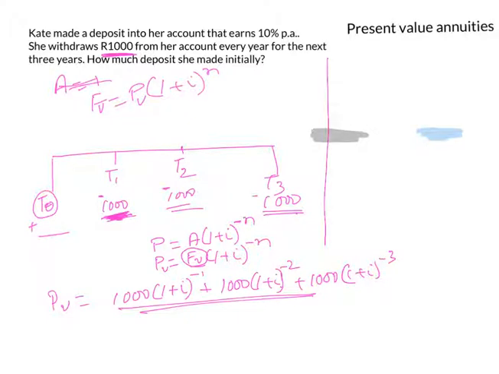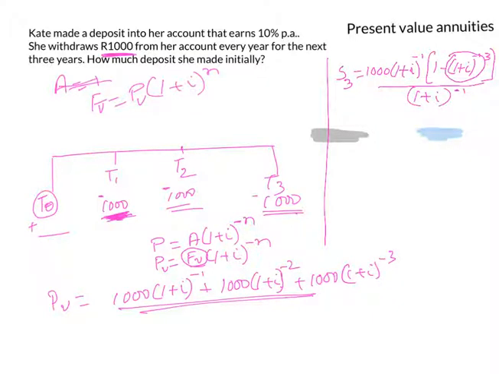So here, look at the sum. My sum for three terms, and my first term is (1 + i) to the power of negative 1, right? And 1 minus (1 + i) to the how much is it? 3, right? There are 3 terms, so it is to the power of 3. My common ratio is this one, right? Divided by 1 minus my common ratio, (1 + i) to the power of negative 1.